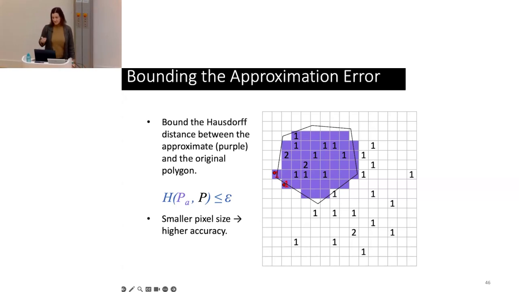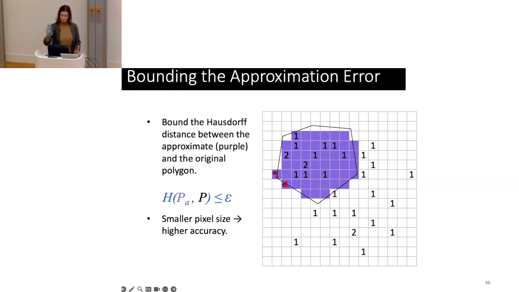But what is missing here to make this approach useful is that we want to provide some guarantees on the spatial distance between the original polygon, over which we were supposed to calculate the query, and the approximate geometry that we are using in the end, so that the user understands how closely the approximate results correspond to the actual specific spatial region that she's interested in.